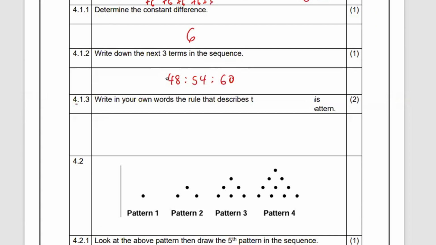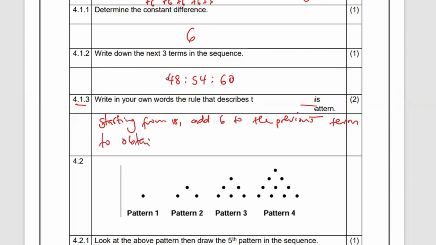Then in 4.1.3, they want us to write in your own words the rule that describes this particular pattern. So you can say that starting from 18, we must add 6 to the previous term to obtain the next term.